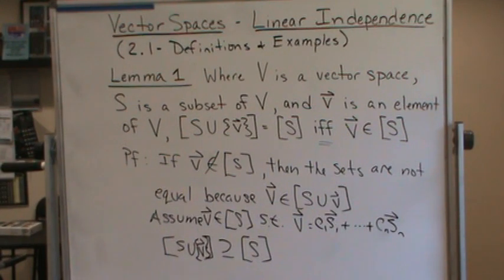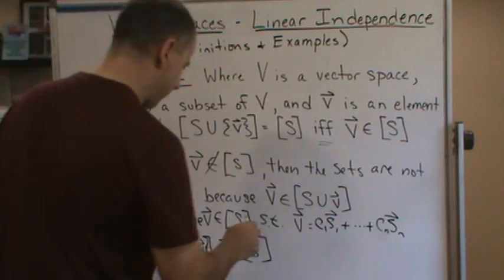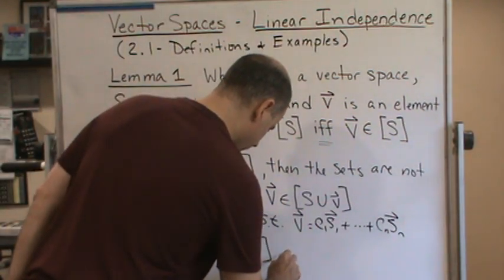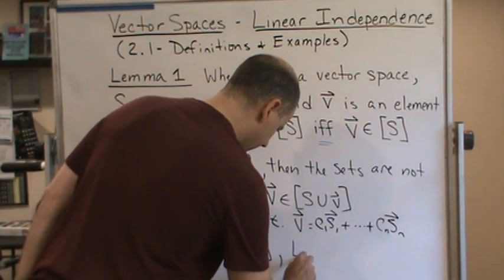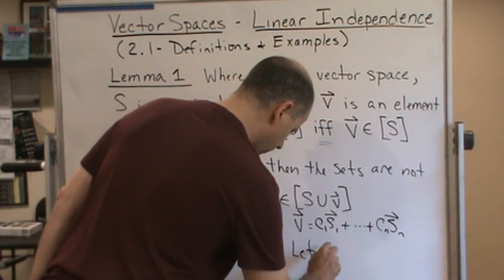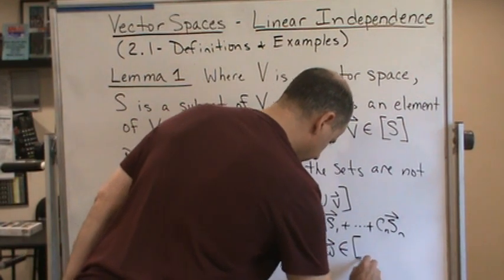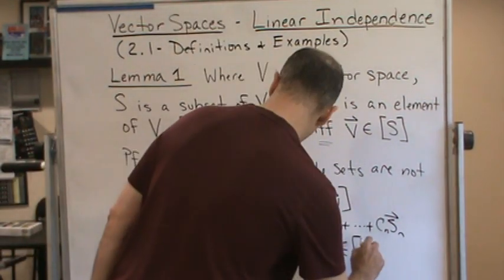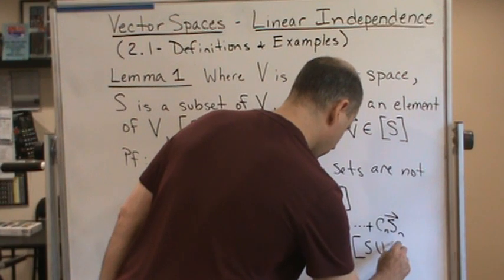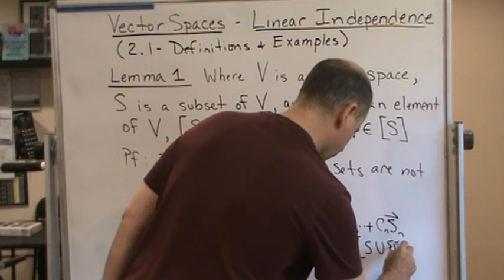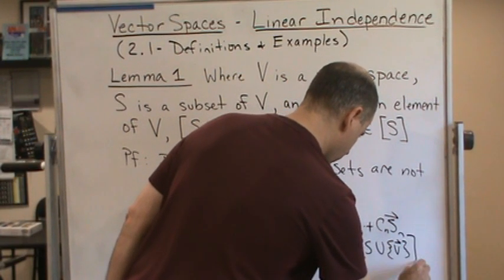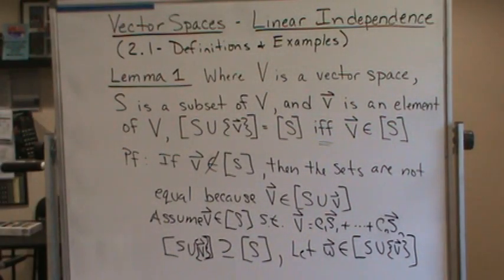Okay, now, to show the containment the other direction, let a vector w be an element of the span of S union v.